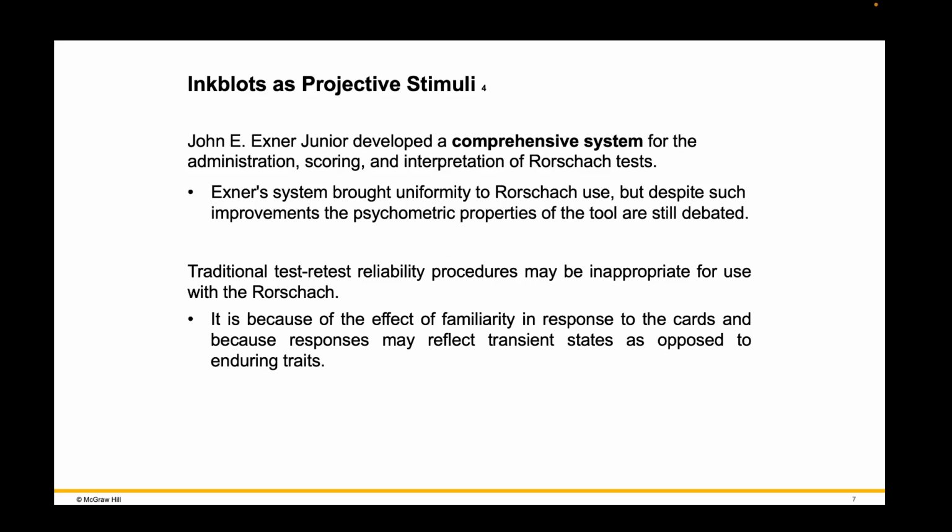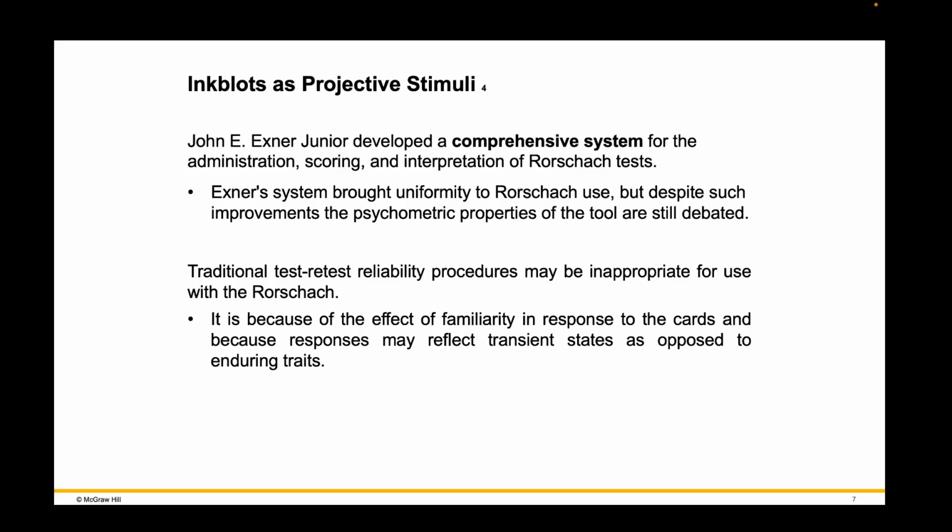So, although it was really helpful, parang nagkaroon na somehow ng clarity yung Rorschach in terms of how you're going to utilize it. The psychometric properties of the test are still being debated up to now, actually. So, kaya nga may mga ibang practitioners na personally they don't use it kasi nga they don't want to be attacked in terms of the psychometric properties of the test, especially pag nakita yan sa test battery nila tapos ipapresent nila sa court.